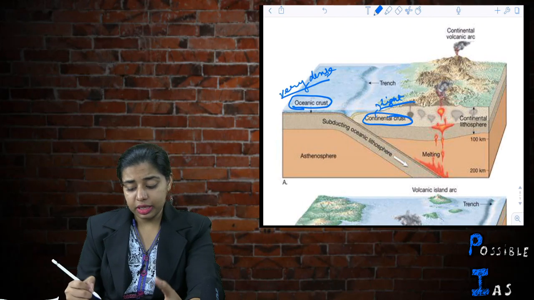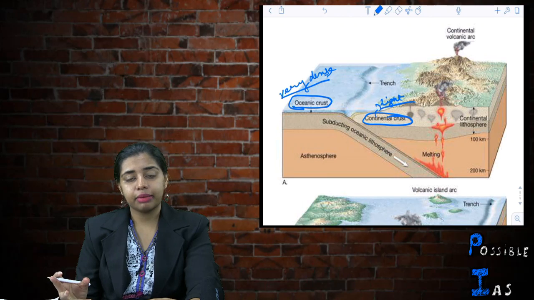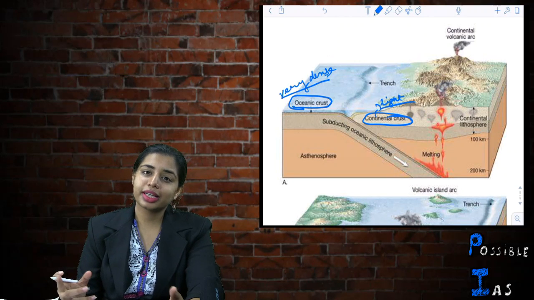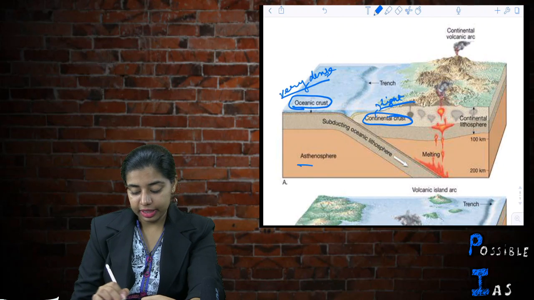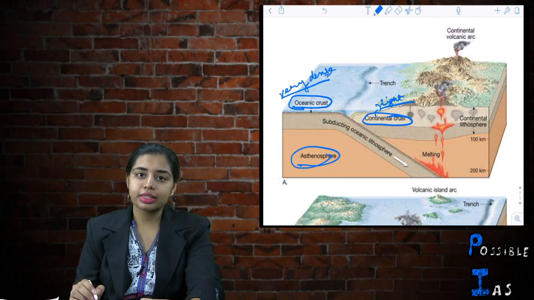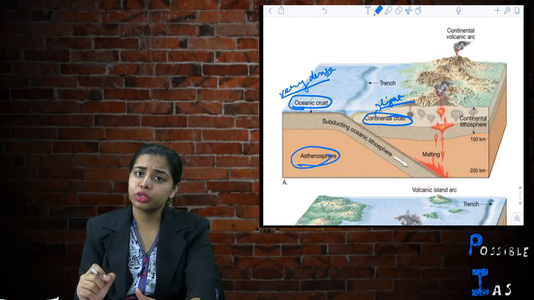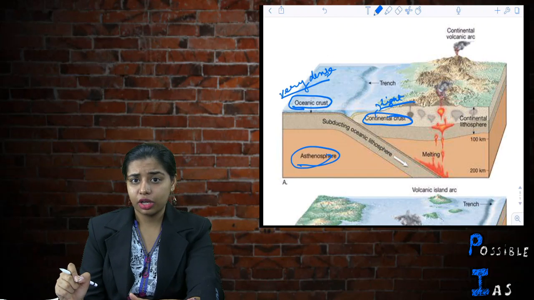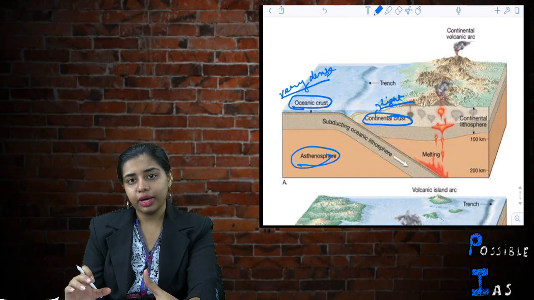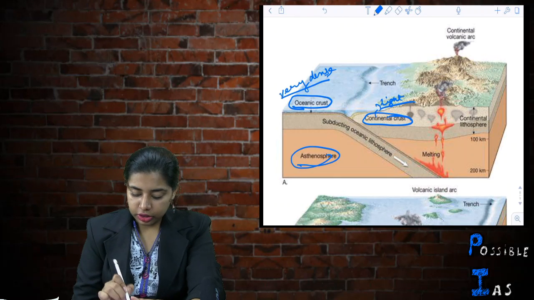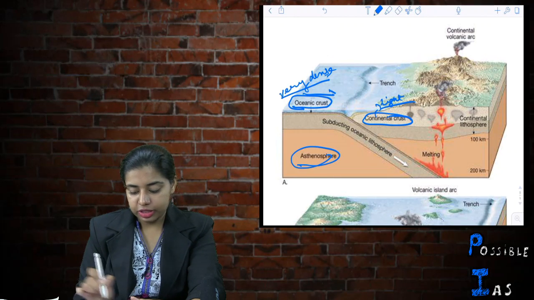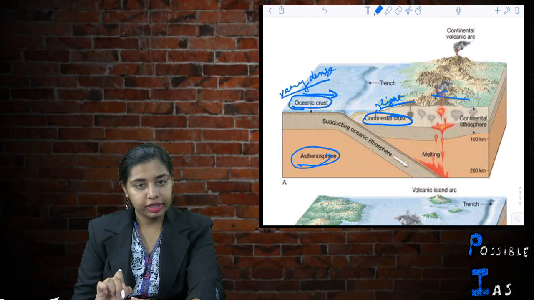The oceanic lithosphere, with age, as it becomes cooler, gets denser, and it becomes so dense that it is denser even than the asthenosphere. So it will try to sink into the asthenosphere at any chance it gets. Now the oceanic crust is moving in this direction, the continental crust is moving in this direction.